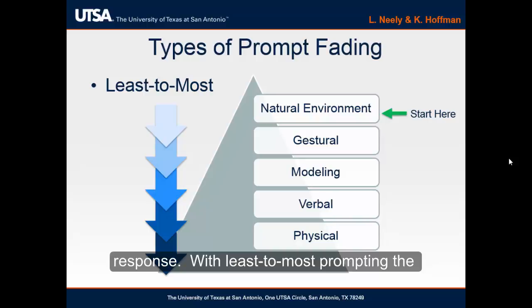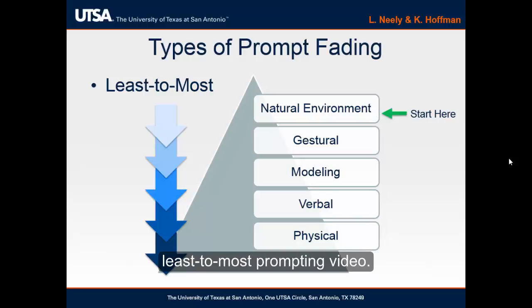With least to most prompting, the learner receives more help if they respond incorrectly to your instruction, or if they do not provide a response at all. So we will talk more about how to correct these errors following the least to most prompting video.